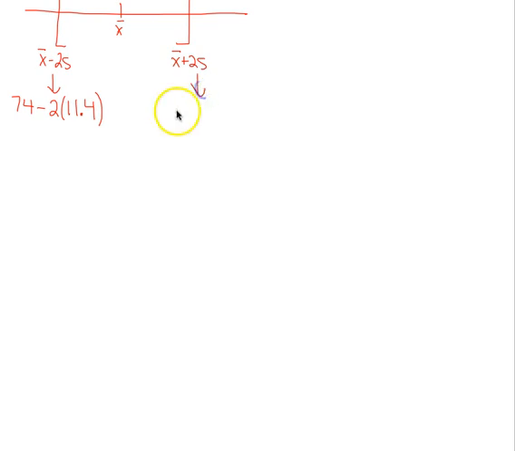This guy is going to be 74 plus 2 times 11.4. So then we just have to evaluate that. And so when I do that in my calculator, it gives me 51.2 here.